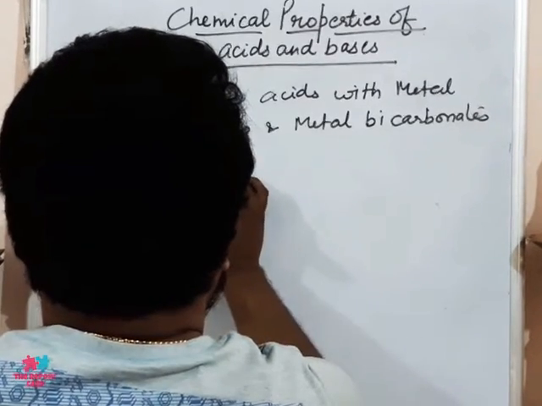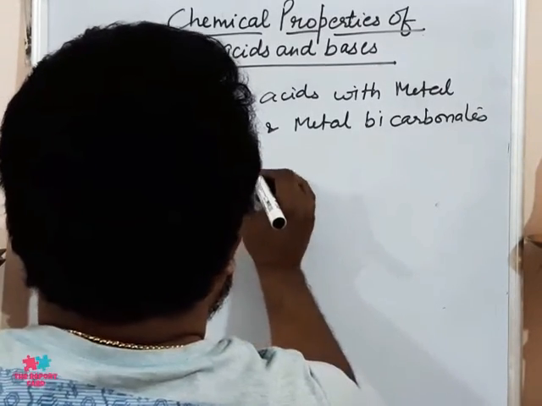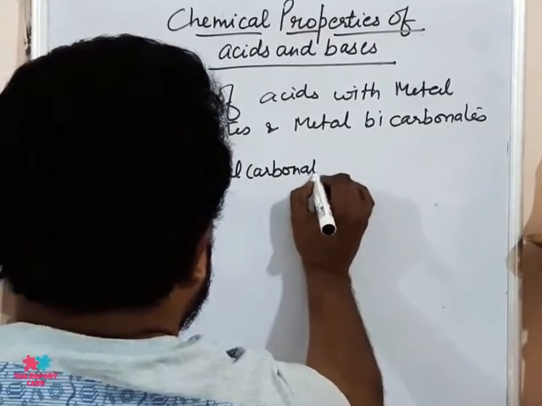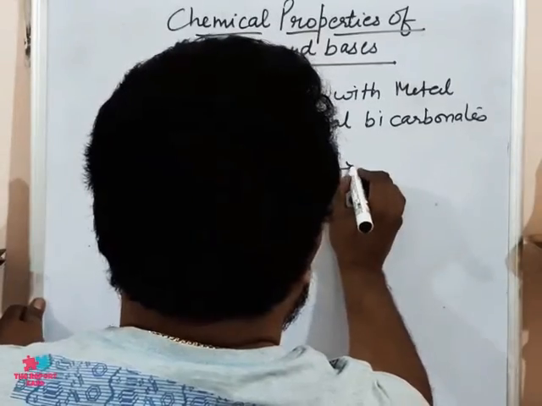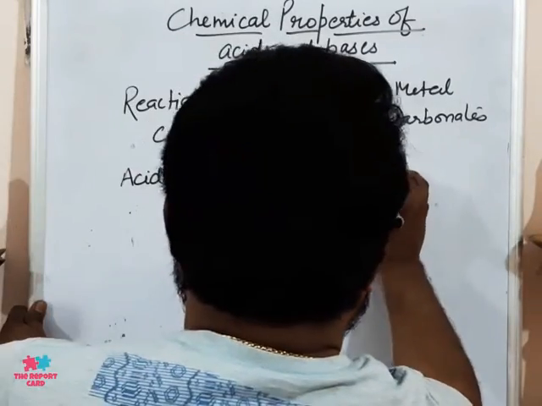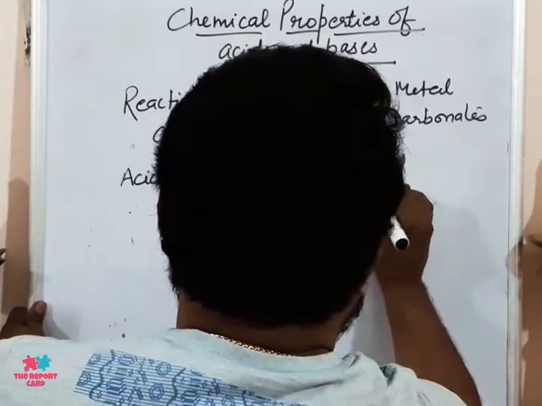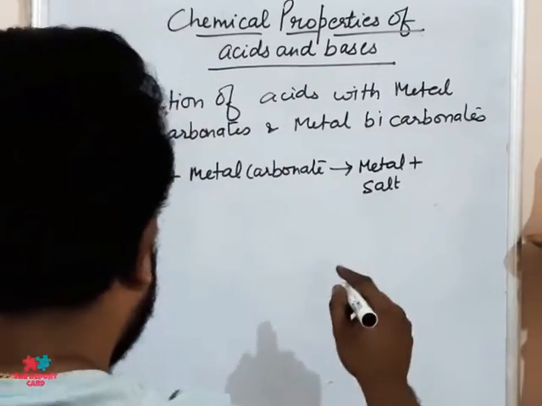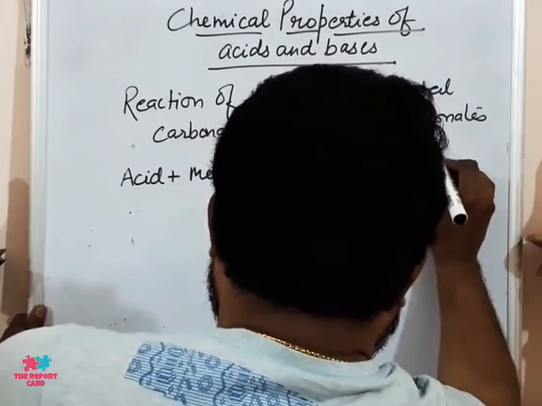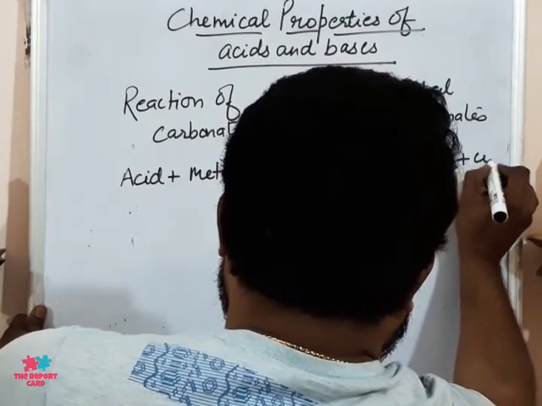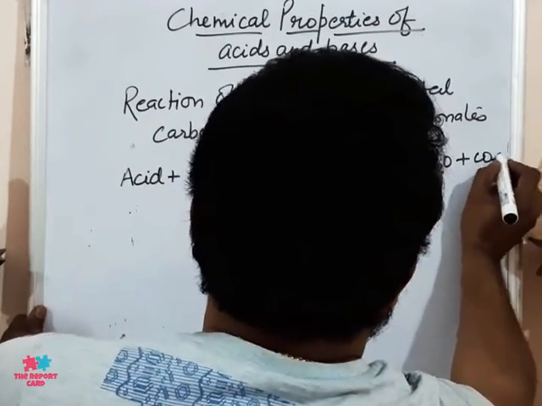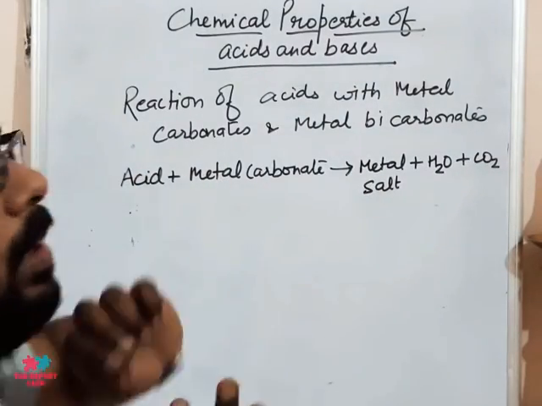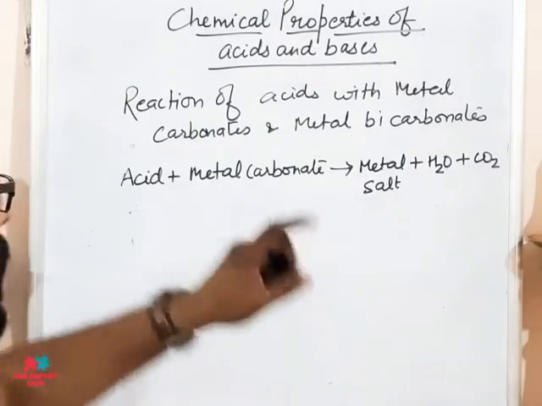Acid plus metal carbonate gives you the metal salt plus water plus carbon dioxide in the gaseous form. The same happens with metal bicarbonate also.